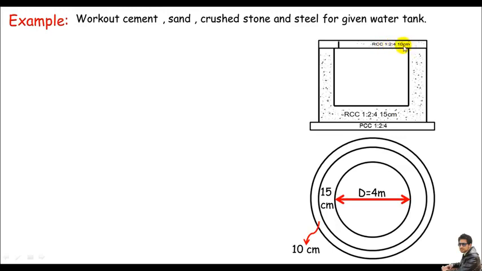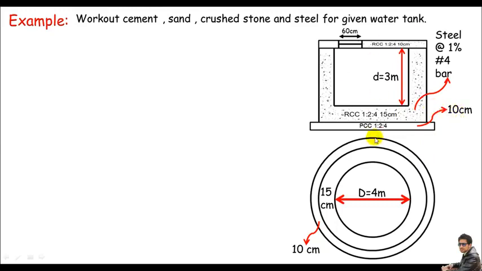There is also a hole, and the hole is circular, with a diameter of 60 centimeter. Some other things are also known, like the depth, and the steel is 1%, and number 4 bar will be used. Also the PCC thickness is given as 10 centimeter.